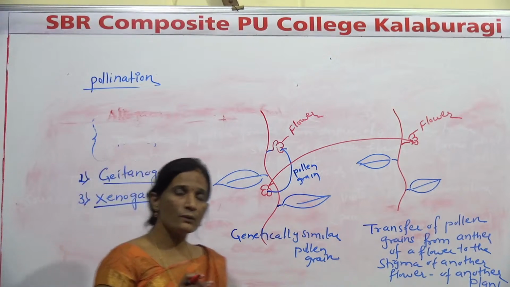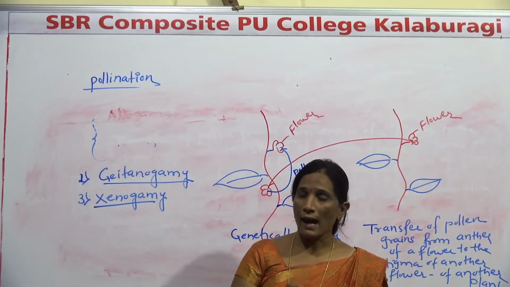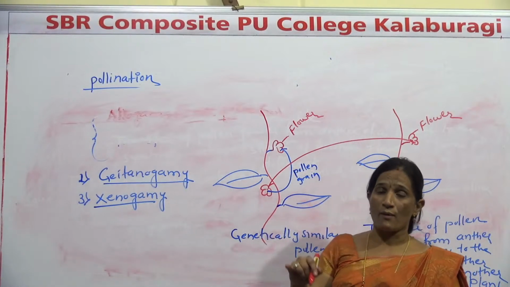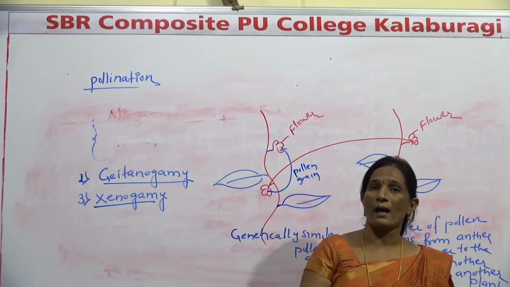Understand here? Xenogamy means transfer of pollen grains from the anther of a flower to the stigma of another flower of another plant.